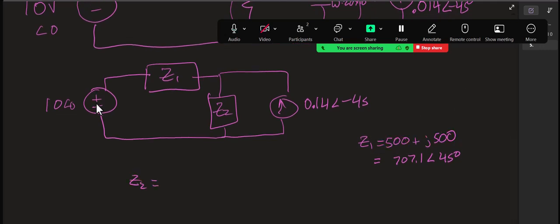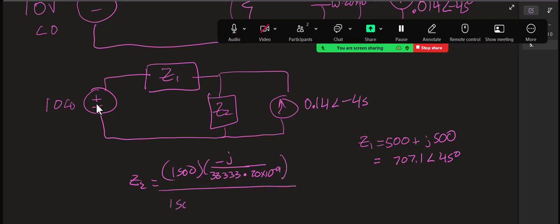And Z2 is R2, which is 1500, times minus j over omega, which was 33,333 times 20 times 10 to the negative 9, over 1500 plus negative j over 33,333 times 20 times 10 to the negative 9.